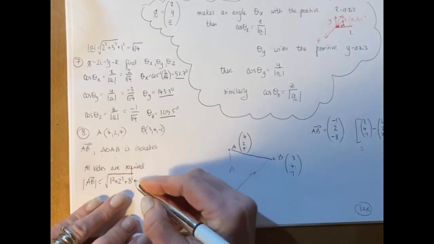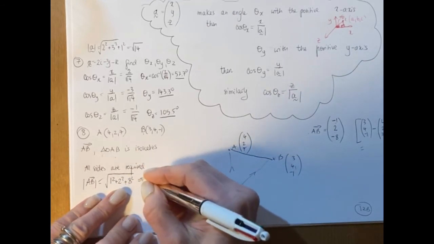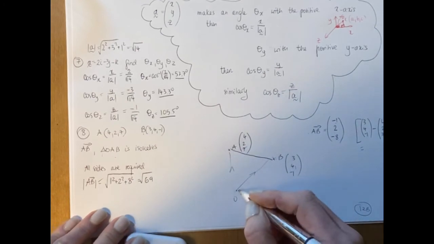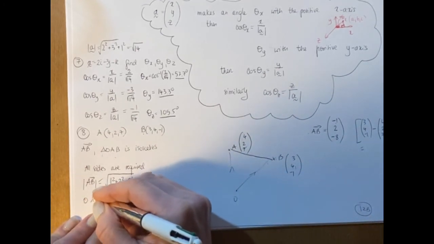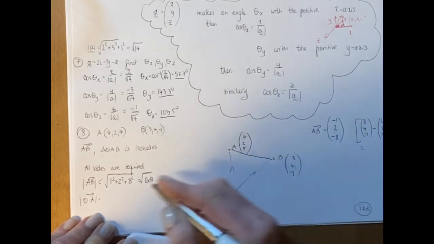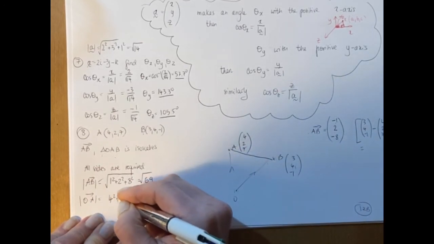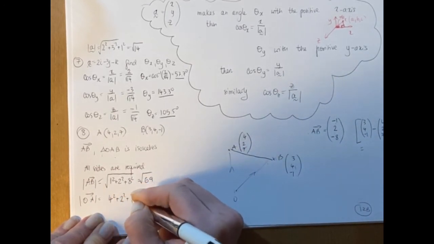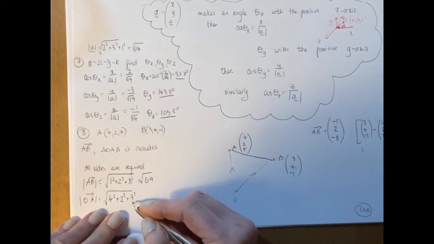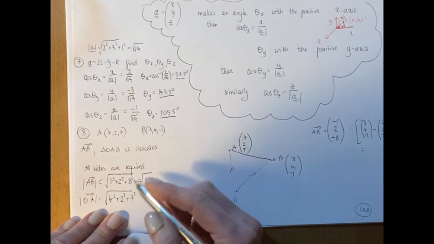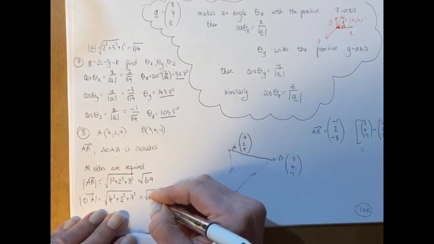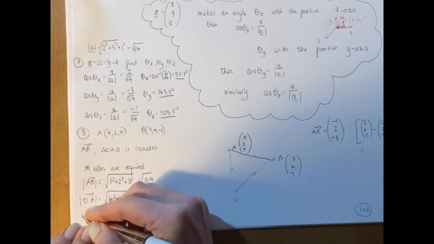So that's going to be 64, add 5, which is square root of 69. Then I'm going to find vector OA and then vector OB. The length of vector OA is 4 squared, add 2 squared, add 7 squared. So this is going to be 16, and 4 is 20, add 49. That's actually 69. So you can see that it is isosceles.